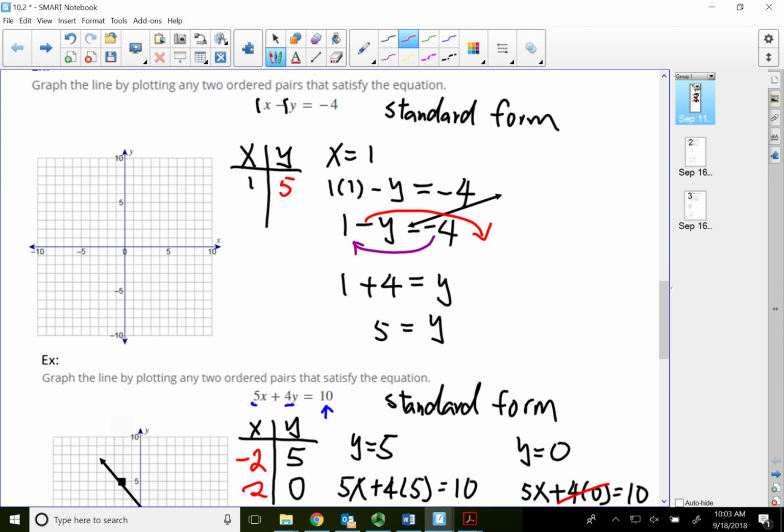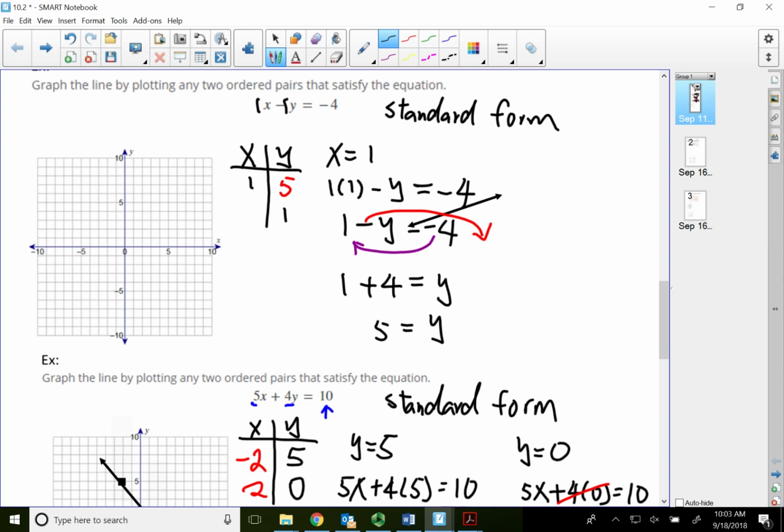So this time I'm going to pick a number. In this particular example, it doesn't matter who I pick for x or y. Both coefficients can go into negative 4. So let me pick y this time, okay? And of course, 0 is always a good number to pick as well.